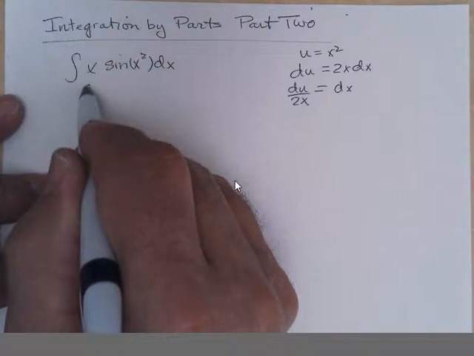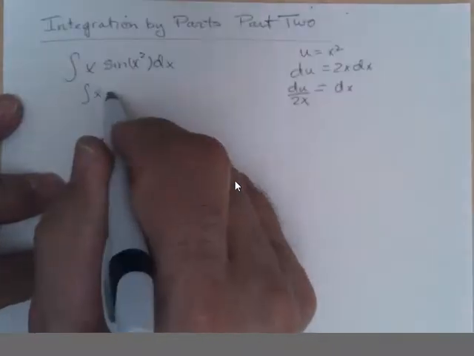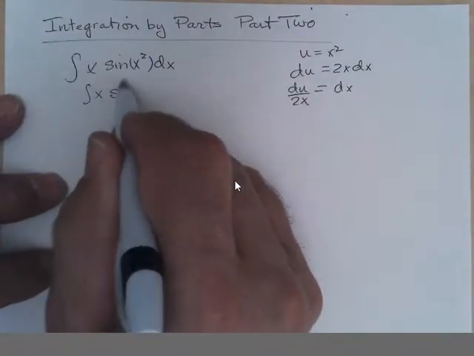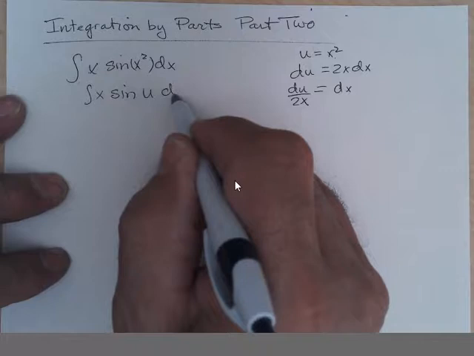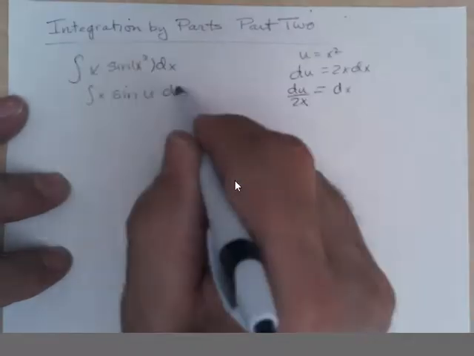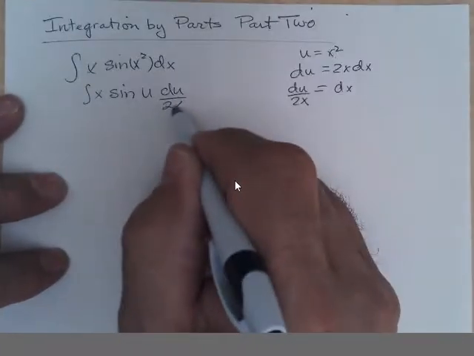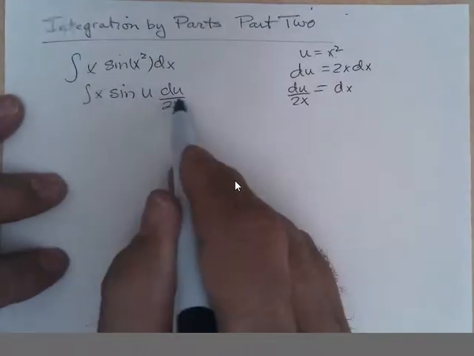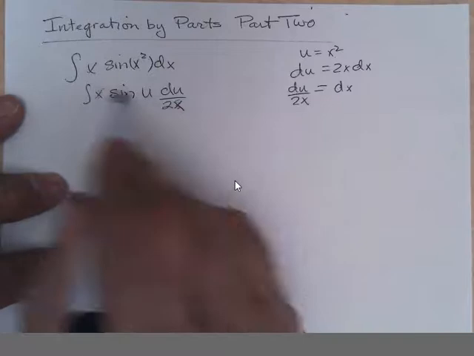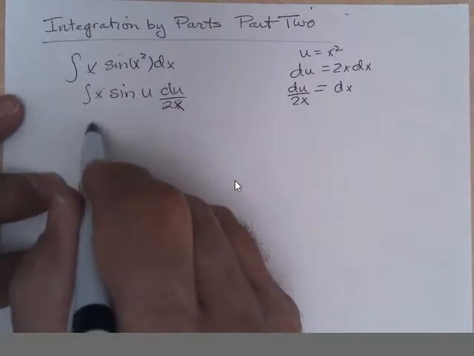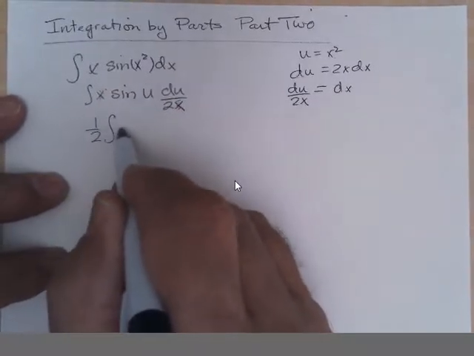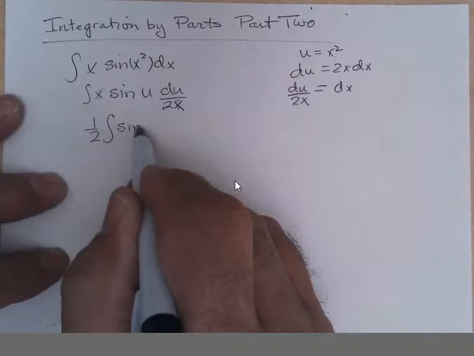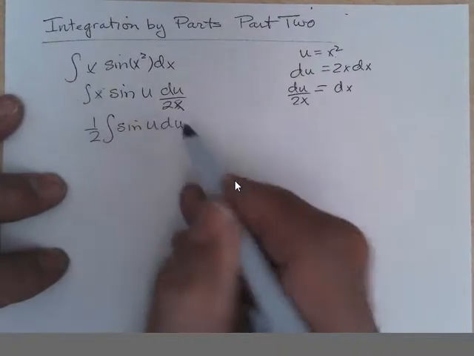So I would have the integral of x sine of u, dx becomes du over 2x. The x's cancel. The 2 in the denominator comes out as 1/2 integral antiderivative of sine of u du.